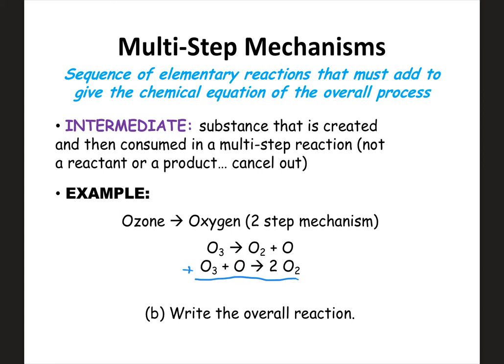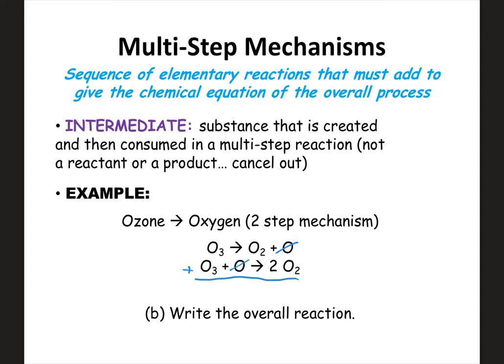Well, they're on opposite sides in different steps, so they would cancel out. So that's going to cancel out. Notice the O3s are on the same side of the arrows in both elementary steps, so they would add together. It doesn't look like I can cancel anything else out.